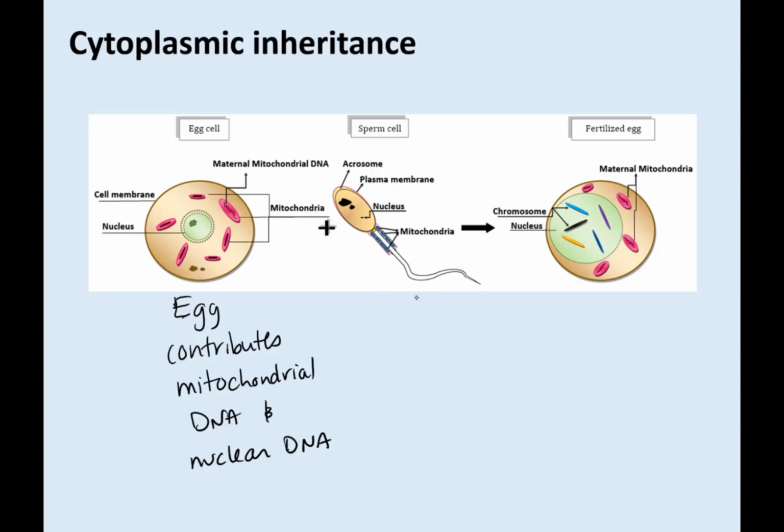On the flip side, the sperm only contributes nuclear DNA. So, in fact, mitochondrial genes are used to trace someone's maternal inheritance. And you can trace that for males or females because everybody has mitochondria. But it doesn't tell you anything about your paternal side of the family.